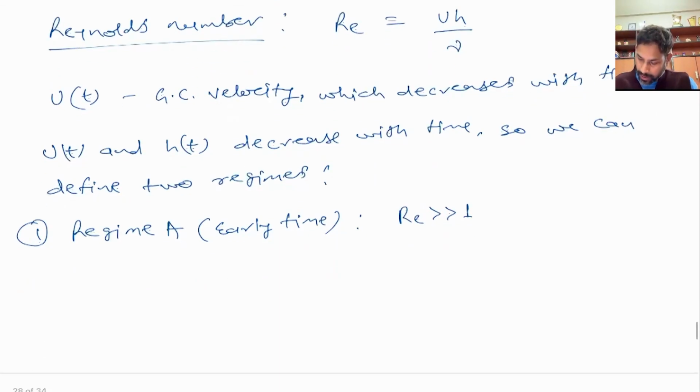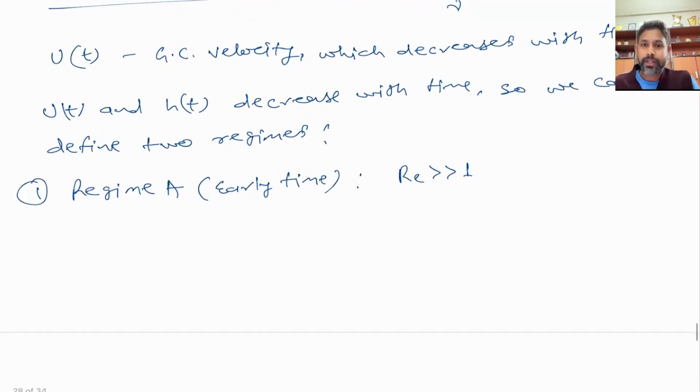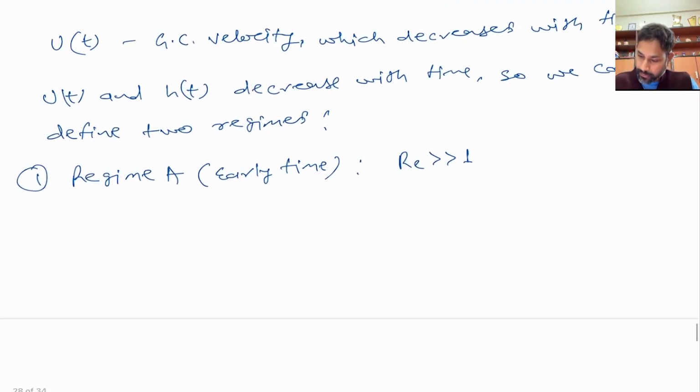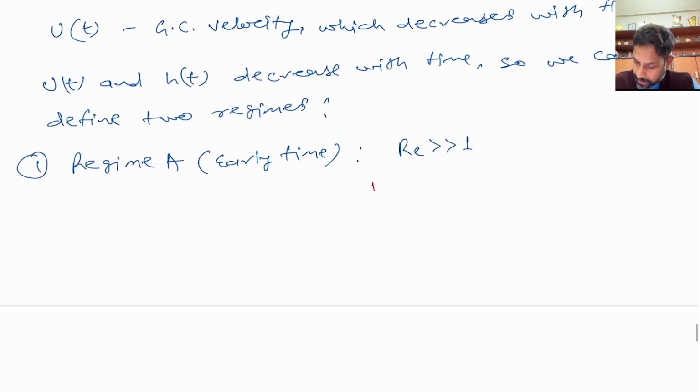Okay, and in this case when the Reynolds number is much greater than 1, we can assume that your inertia force is much greater than the viscous force in the gravity current.